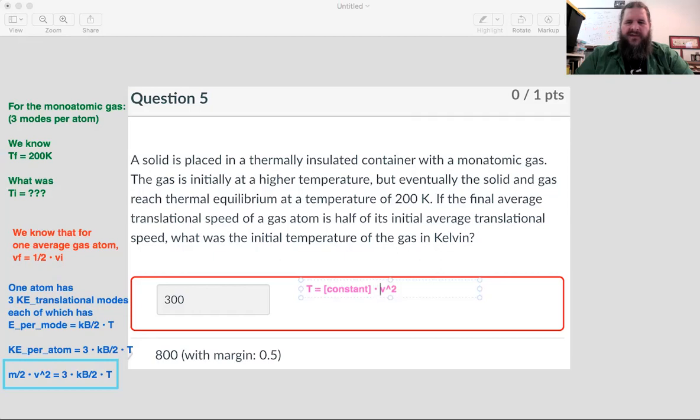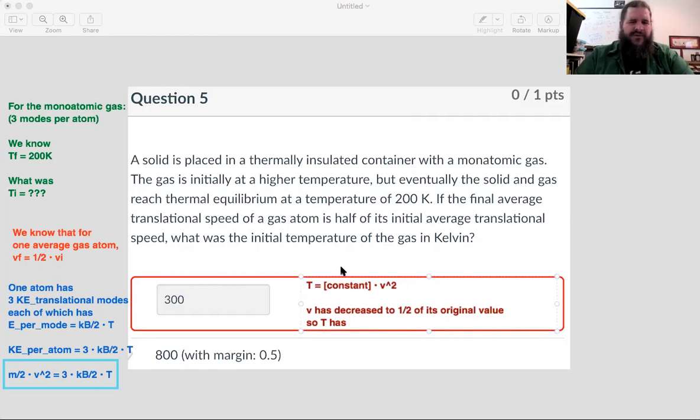And what do we know has happened to the speed? It's decreased. Right. Specifically, it is decreased by how much? Half. Right. So if the speed has decreased to half of its original value, what would you expect to happen to the temperature as a result? Half, maybe. Not just half, though.